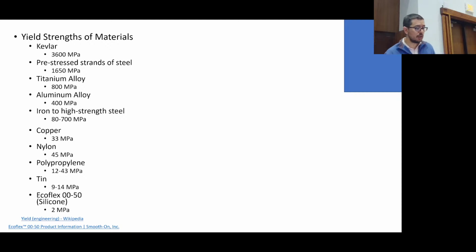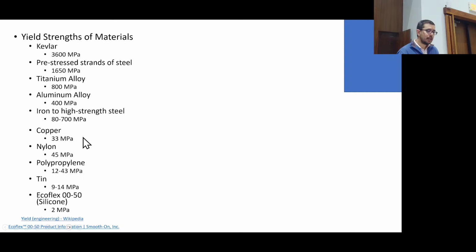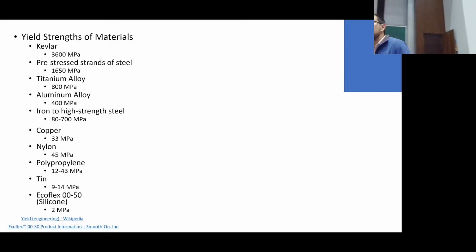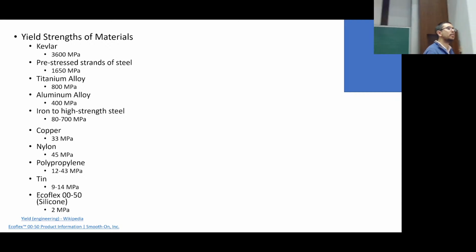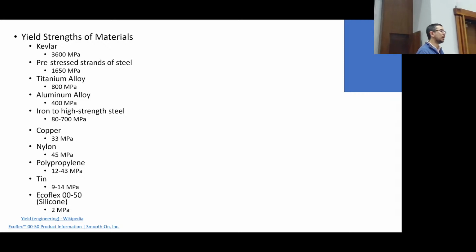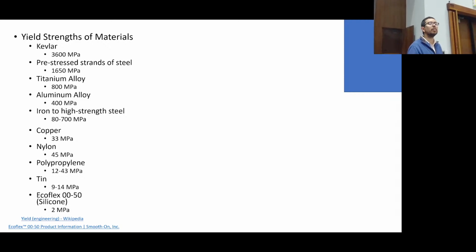Here are a bunch of yield strengths of materials. And we also mentioned that these yield strengths are not set in stone or set in steel. They can depend on the processing of the material and the composition. A steel can have a lot of different types of additives or alloying elements to it.